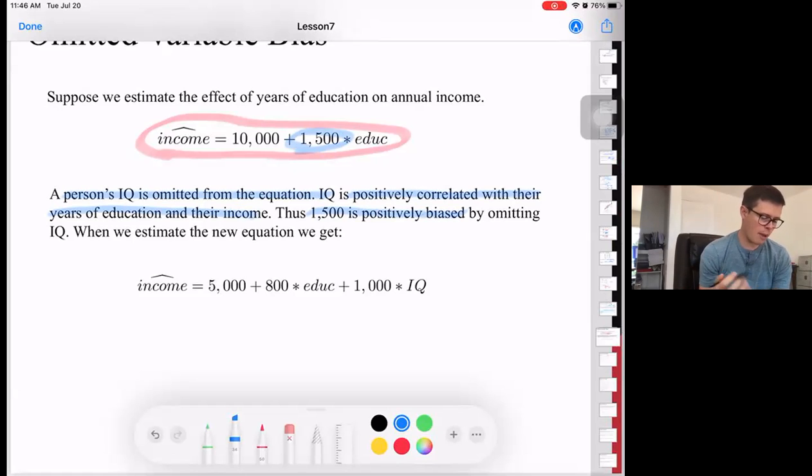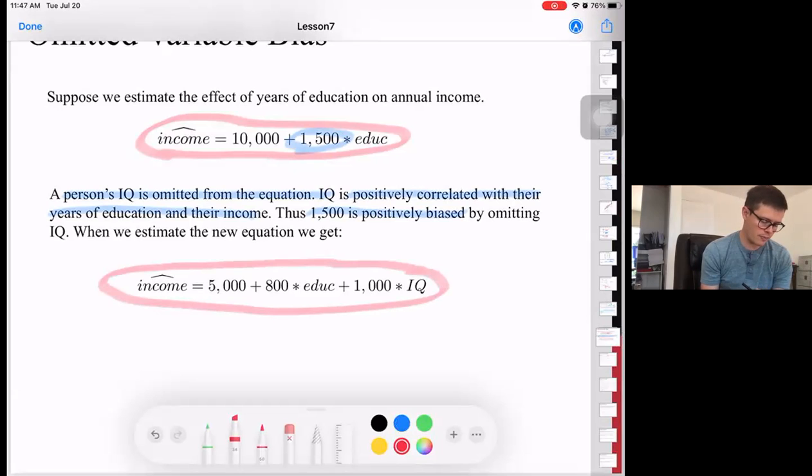Then say we're able to collect IQ for everyone in our data and re-estimate this equation. What we'd find possibly is that instead of a $1,500 coefficient on education, we would get something smaller, like 800. And we learned that IQ would have a strong positive relationship with income.